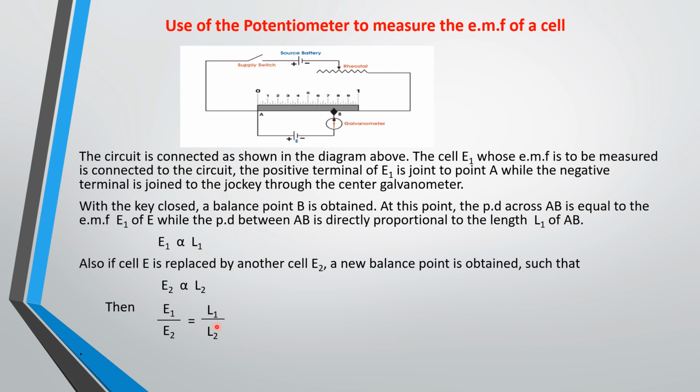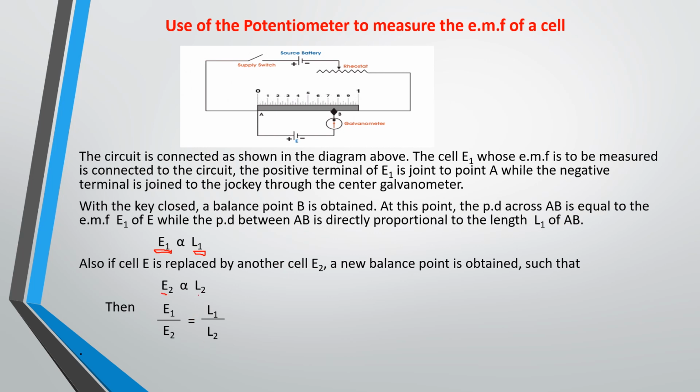So from that, the EMF of the first cell is directly proportional to the length of the wire. Now if another cell is used, if you replace the first cell E1 with another cell E2, you obtain a new balance point where E2 is proportional to L2.